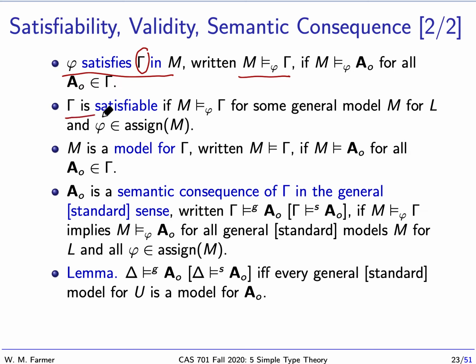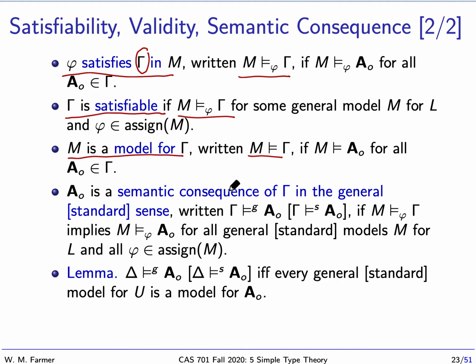And we can say gamma is satisfiable if this holds for some general model and some phi. And then M is a model for gamma, which we write like this, if M is a model for every formula A in gamma.